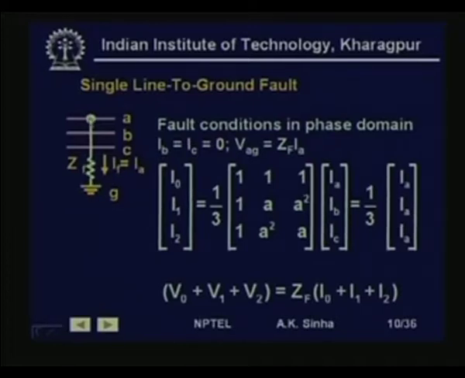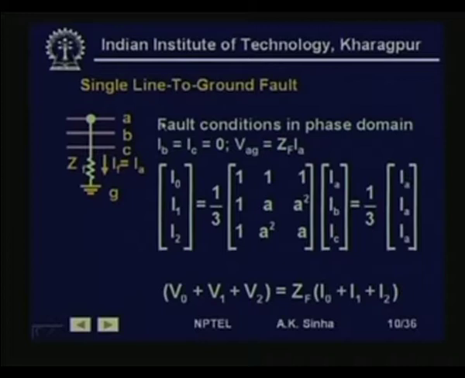So, this is a single line to ground fault on phase A with an impedance ZF. Now, we could have taken fault on any phase. This A, B and C has been put by us only. So, we could have put B and C here and A here, it does not matter. So, we could take fault on any phase A, B or C. For convenience, we have taken this single line to ground fault on phase A.